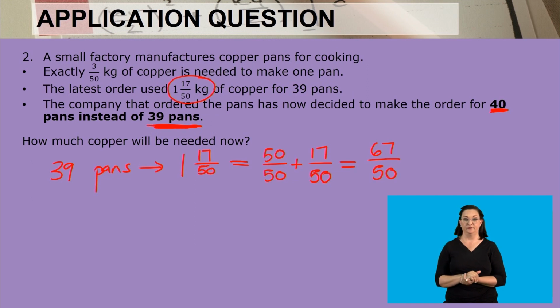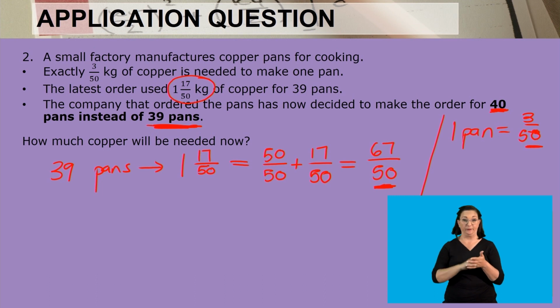But again, we also know that for 1 pan, how much copper do we need? We need 3/50. So what is happening here? We had 39 pans, now we need 1 more pan. What am I going to do? Am I going to add? Am I going to subtract? What do you think?